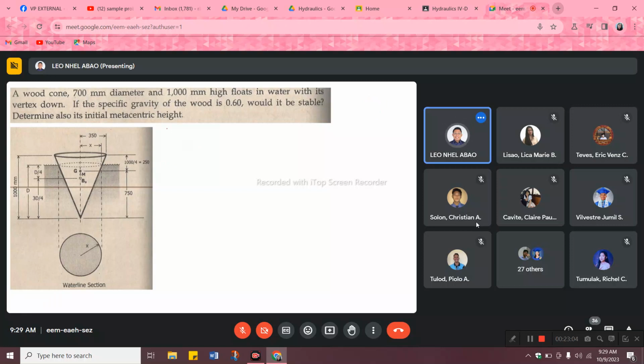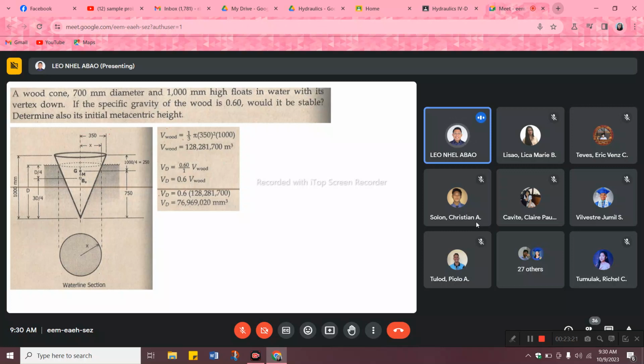Okay, so first, what do we do? Check the volume displaced. Again, we can get the I, right? But not directly, since we need to compare the dimensions. Class, your approach to the problem is to see which equations you can use.